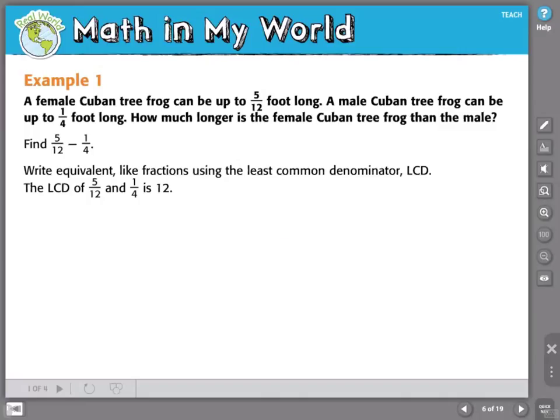So we need to find the difference between 5/12 and 1/4. In order to do that, we're going to need to find the least common denominator. Here, they've given us a hint that the least common denominator of 5/12 and 1/4 is 12.